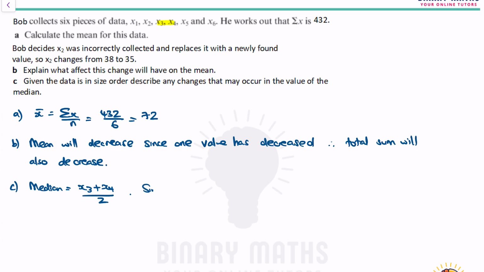So since x2 decreased, the ordered list does not change for x3 onwards, basically.